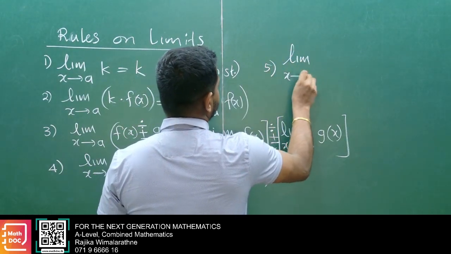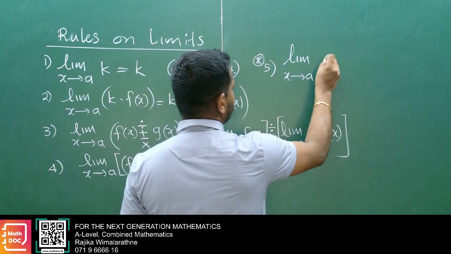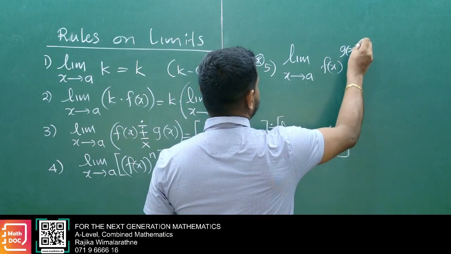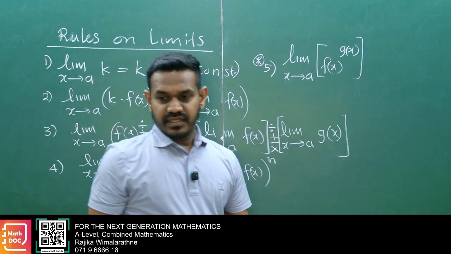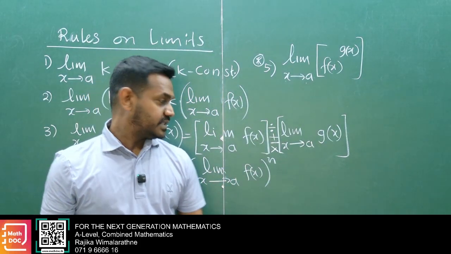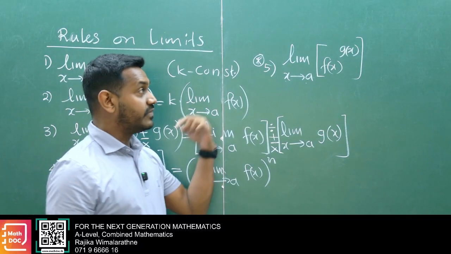And rule number 5, here limit x goes to a, this is a very rare case, f(x) to the power g(x). Here we call it exponential type. Then power has variables. Here power only constant; there power is variable.